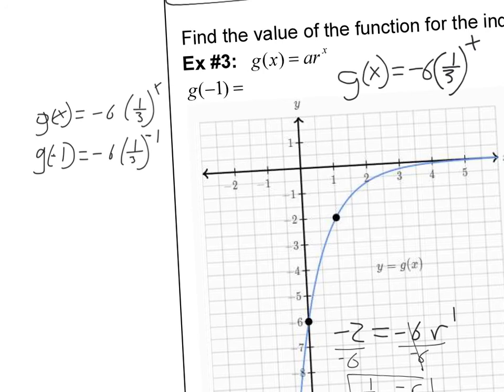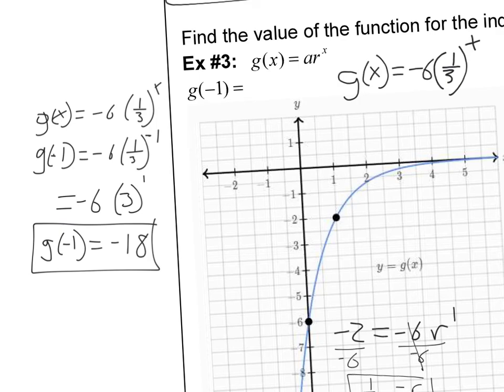Remember that negative symbol just means that you flip whatever is being raised. So let's get rid of the negative symbol and flip this. It would be negative 6. The reciprocal of 1/3 is 3. And 3 to the power 1 is just 3. So really what I have here is 3 times negative 6. So g of negative 1 is negative 18.